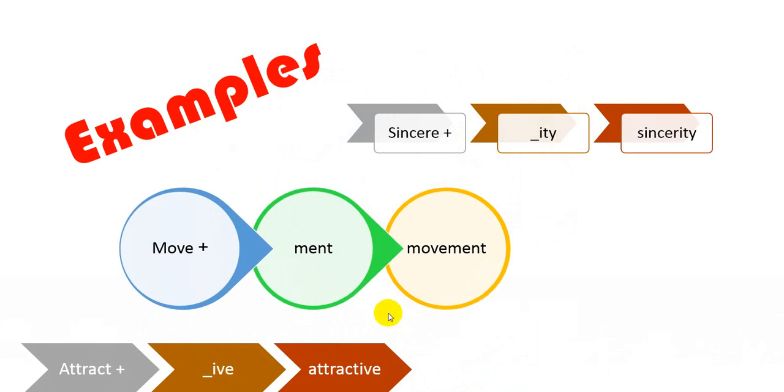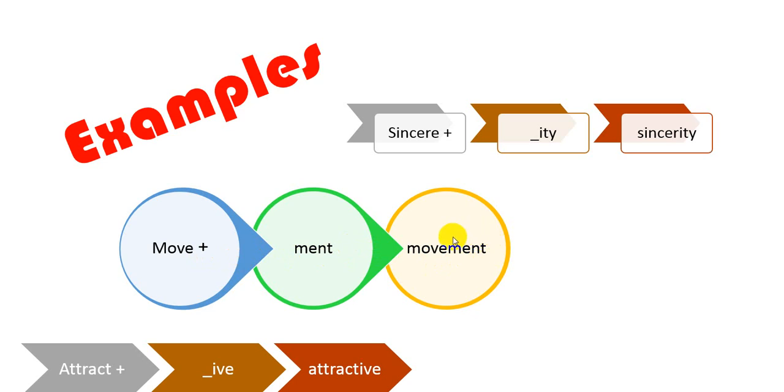Then, here are some examples. Sincere, plus the suffix ity, becomes sincerity. Another one, move. Move is a verb, to change your position or to move to another place. Plus ment, it becomes movement.